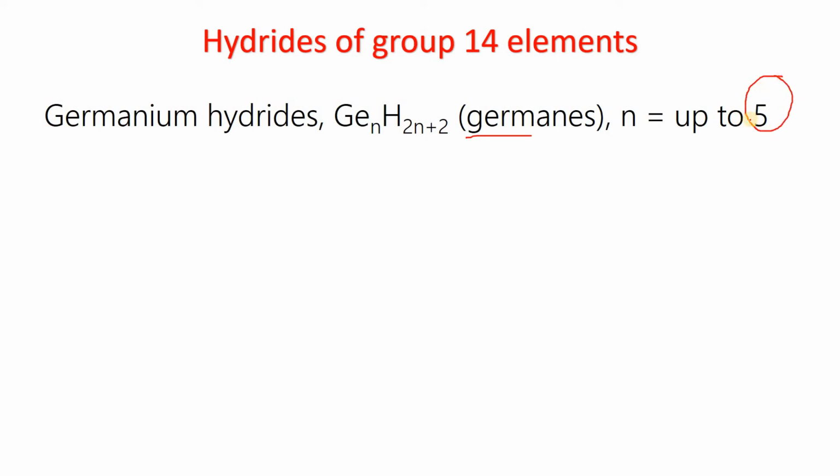So in case of carbon, the value of n is very large, 100 or thousands, but in case of silicon, the maximum value is up to 8, but in case of germanium, the value is even less, it is up to 5. So from 8 to 5 it is further reduced because the germanium bond strength is even weaker than the silicon bond.